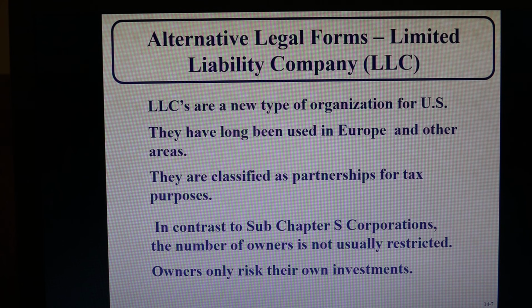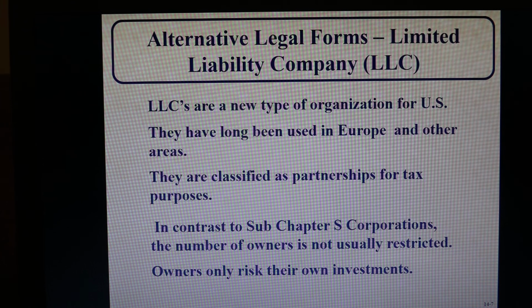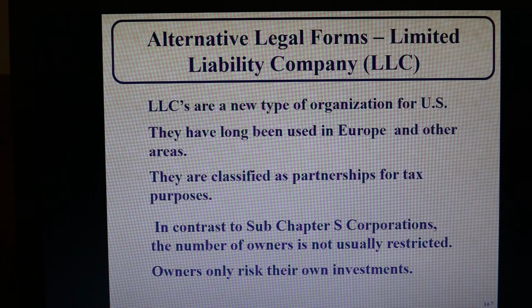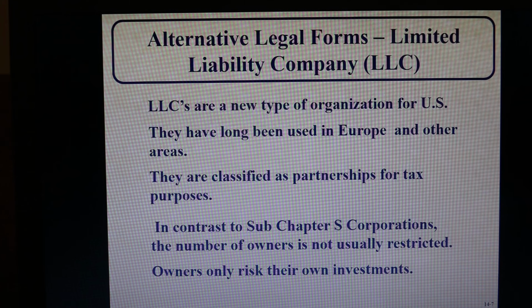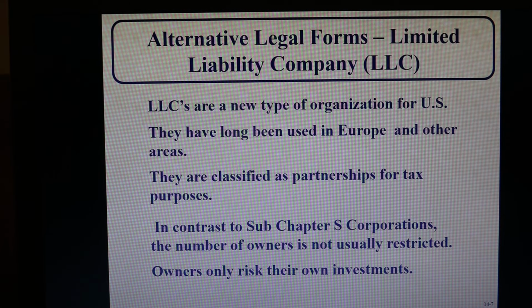And the nice thing about LLCs is that the problems you have with an S Corp as far as ownership, both the U.S. citizen thing and the number of shareholders, you don't have that problem with LLCs. So, you can have as many members, as they're called, in an LLC as you want. Members are the owners. And of course, they're always at risk on their own investment.